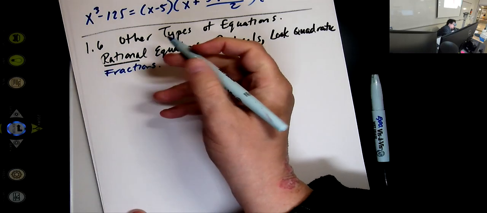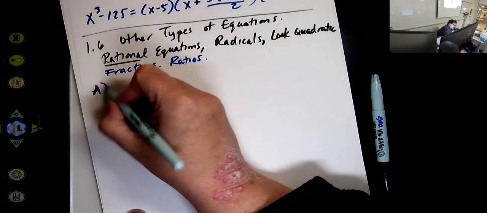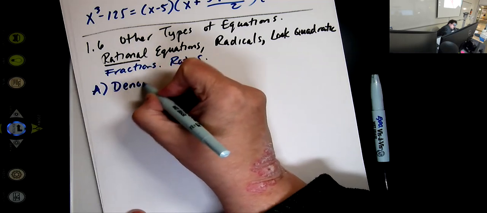Two things that you really want to keep track of. A, the denominator can never equal 0.